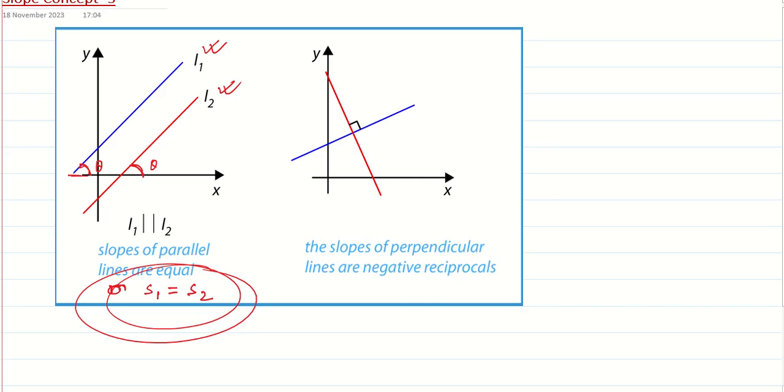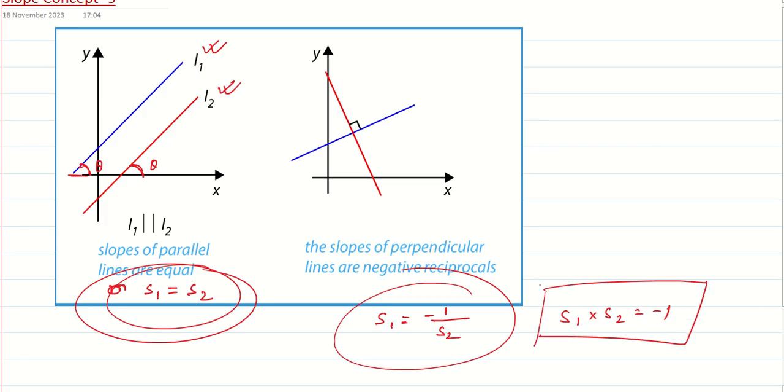Now what happens here? When the two lines are perpendicular to each other, the slope must be the negative reciprocal, which means S1 must be minus 1 divided by S2, so S1 into S2 must be minus 1 always.